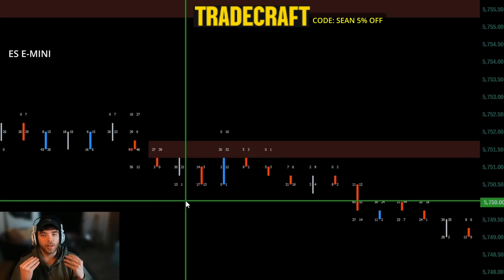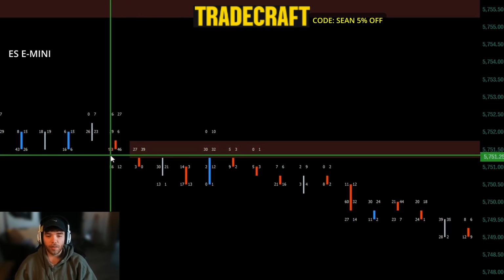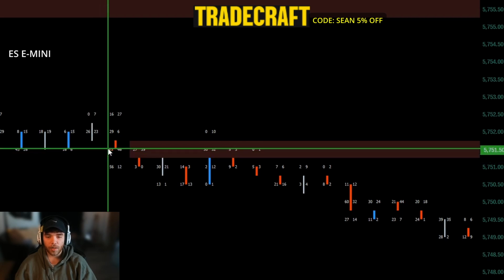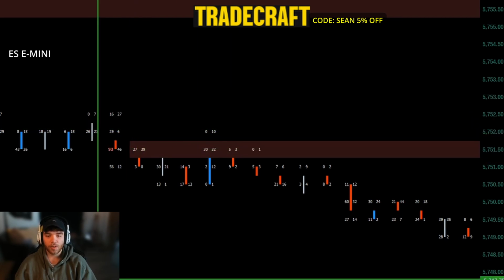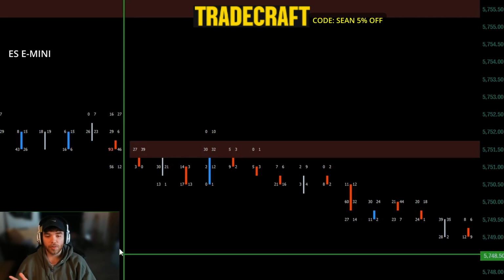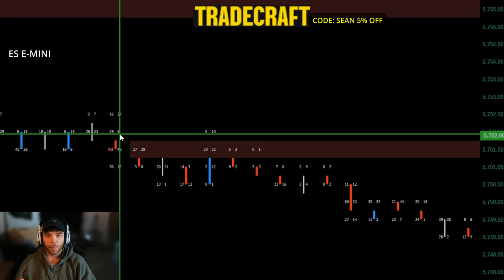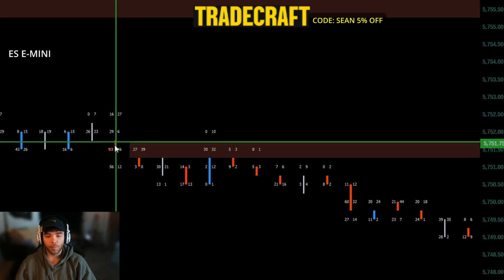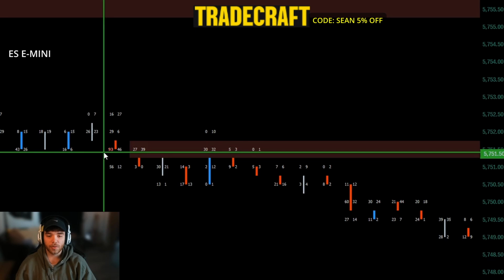And as a seller, you need to sell high and buy low. And when you get an order flow event like this, where you have 93 trading at bid and only 6 trading up into offer, what does that realistically tell you? Well, that tells you that there is significant weakness in aggressive buyers comparatively to aggressive sellers.